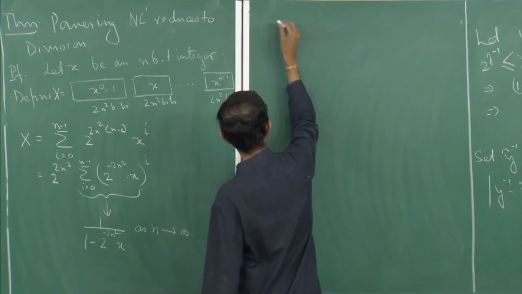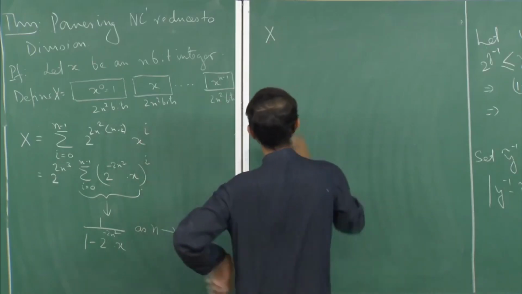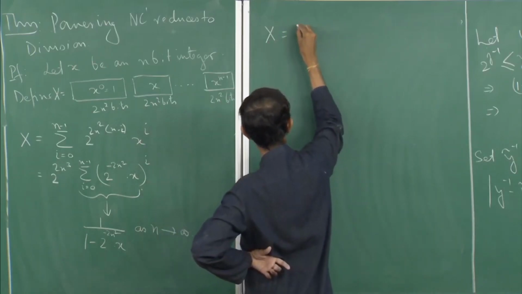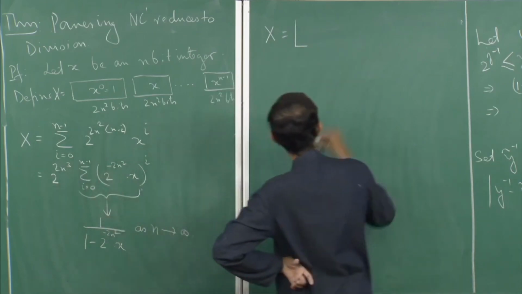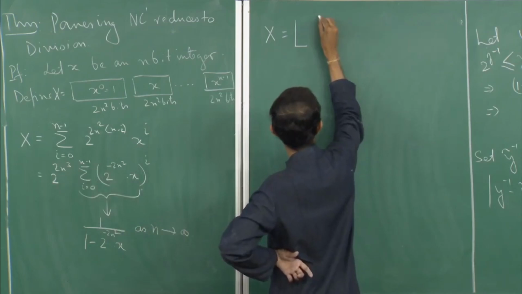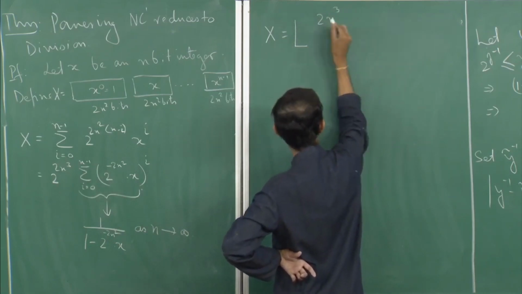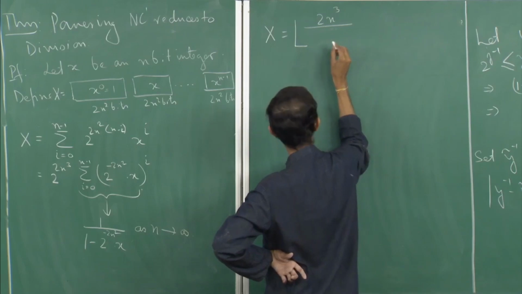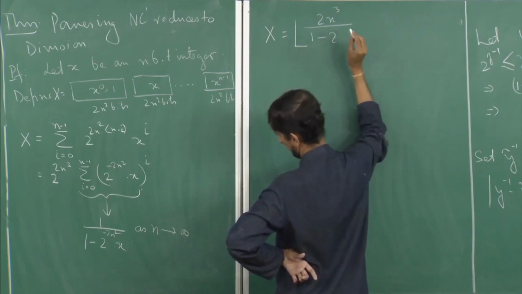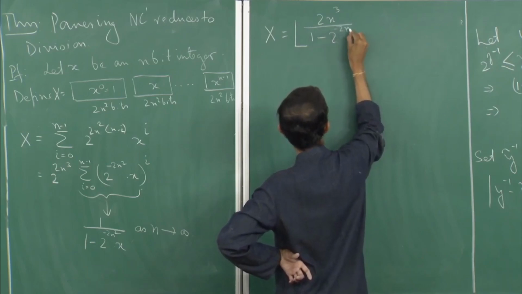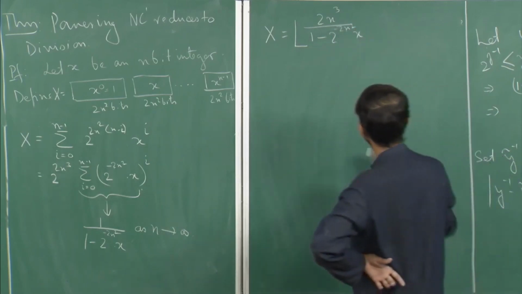So what we can say is that x is the floor of this quantity: 2 to the power 2n cube divided by 1 minus 2 to the power minus 2n square into x.